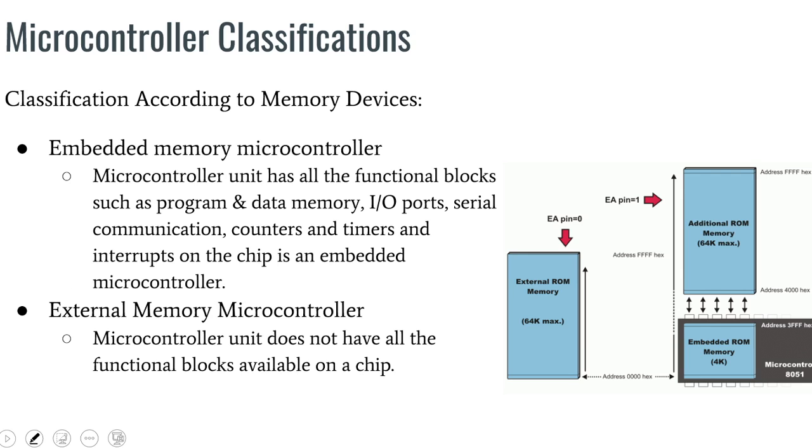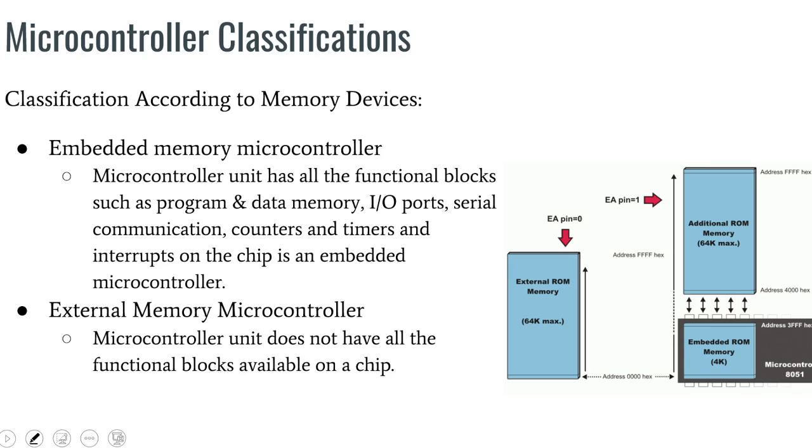Then another way that we may classify microcontrollers is using the type of memory devices that we can have. We said most microcontrollers will have embedded memory, or will have some memory included in them. So if we have memory included in them, we would call that embedded memory microcontrollers.